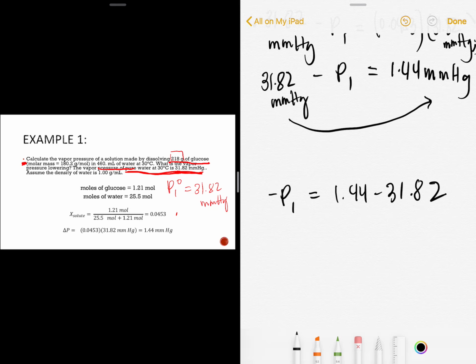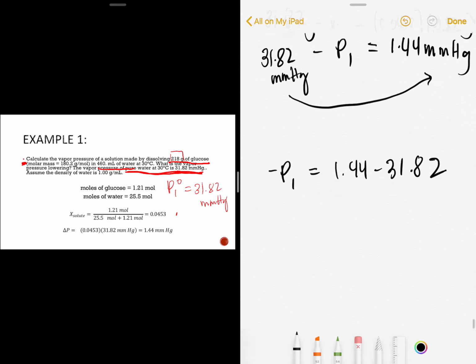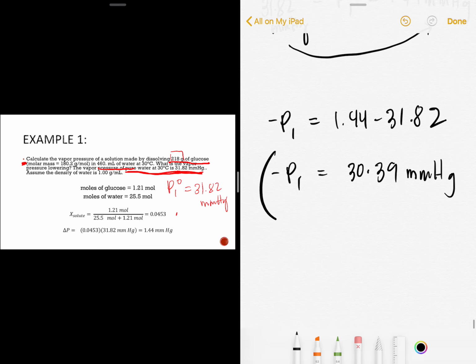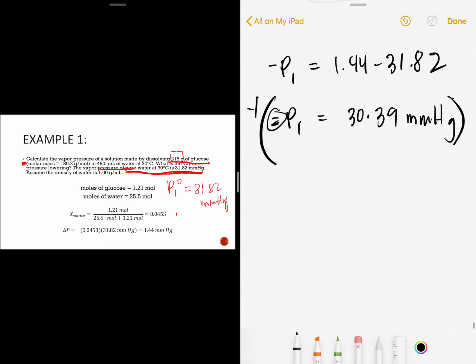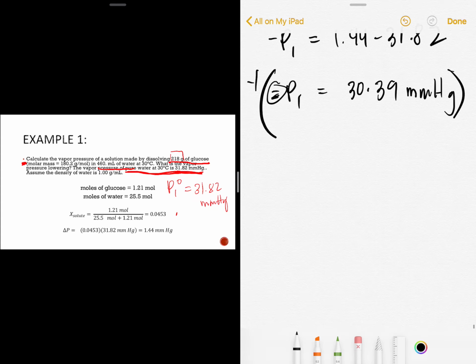Minus 31.82, you get, this is 30.39 millimeter mercury. Negative P1. So, now you multiply both sides by negative 1, because this term can never be negative, no? So, multiply it by negative 1. This becomes P1 is equal to 30.39 millimeter mercury.